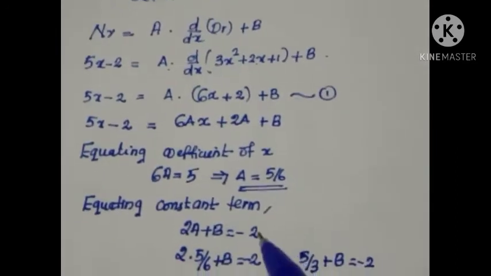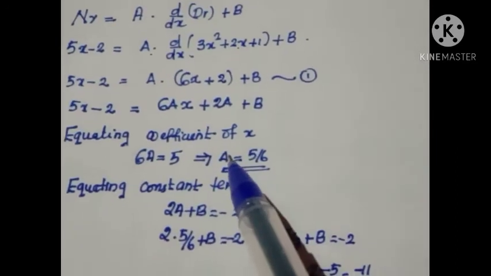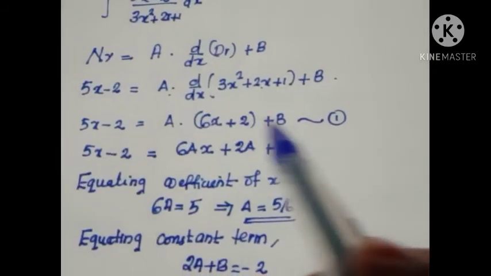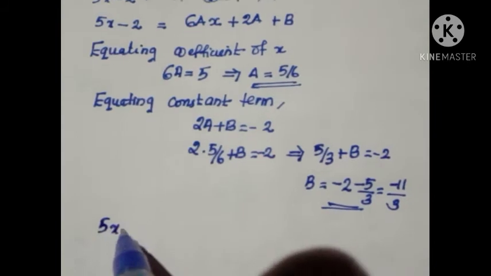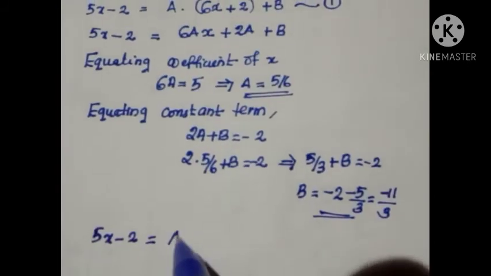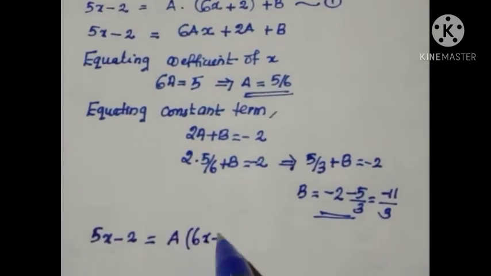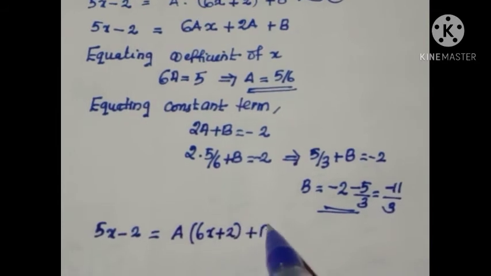Now put these values of a and b in equation number 1. Our equation 1 is 5x − 2 equals a(6x + 2) + b.